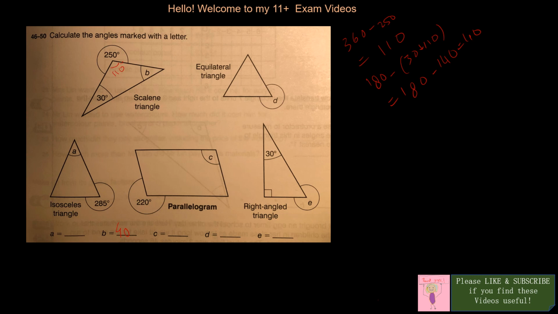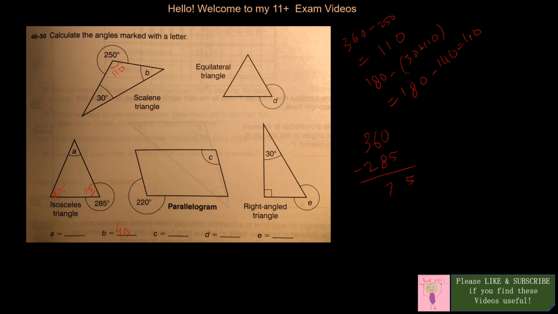A is isosceles. So the bottom two angles are equal. So this is 285. So the other one is going to be 360 minus 285, which is 75. So this is 75, 75.